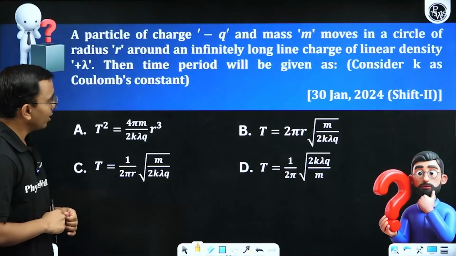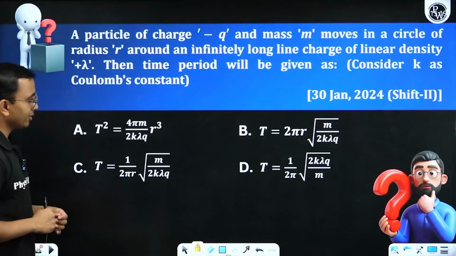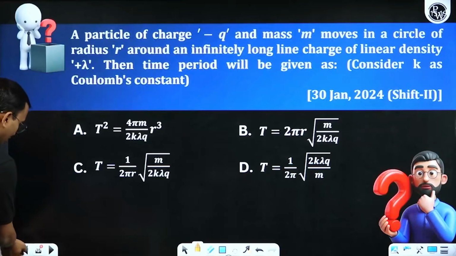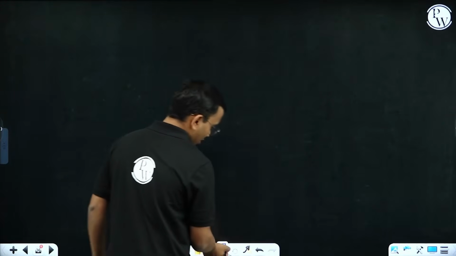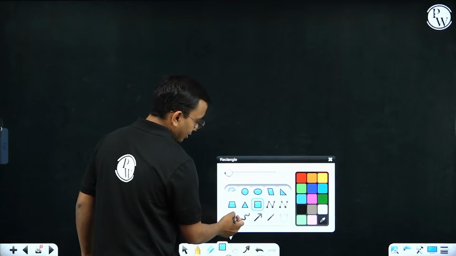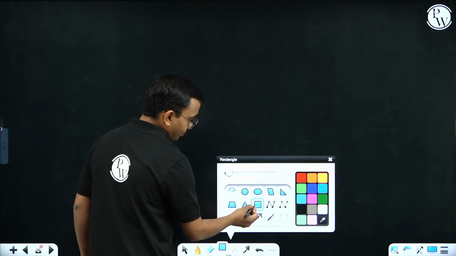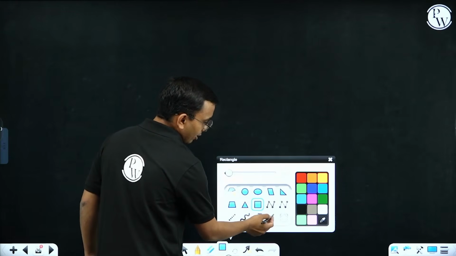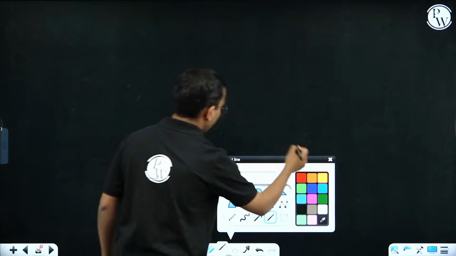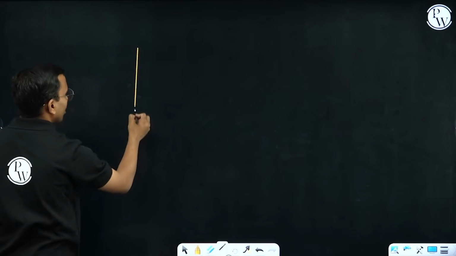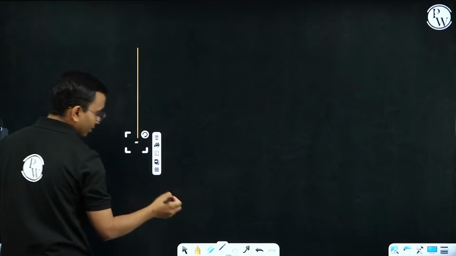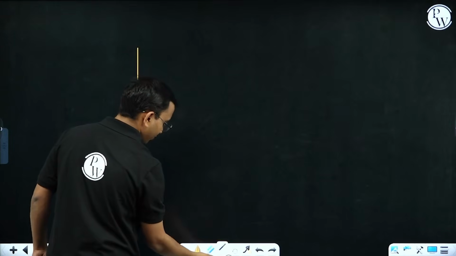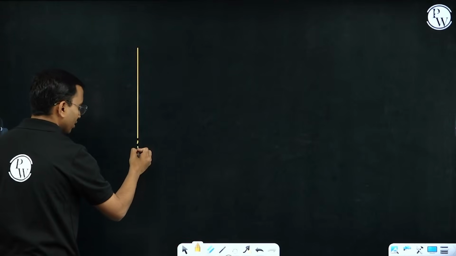Okay. So here what is happening is there is a long line charge, we may consider it like this. It is very long.